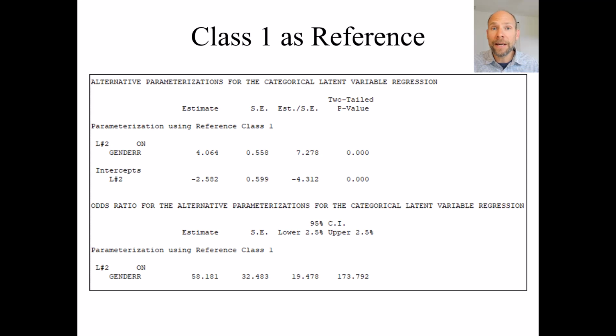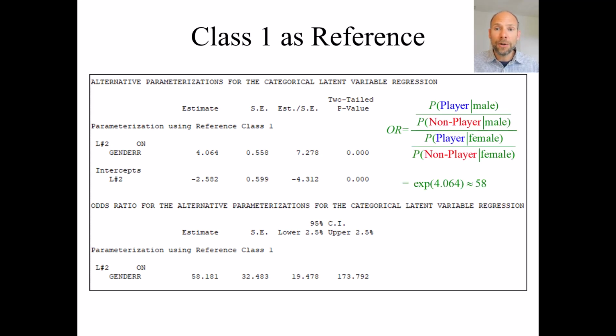However, it does matter for the odds ratio. So now we have the odds ratio relative to non-players here. So the non-player class is now our reference class. And so again, we have the odds for males here in the numerator and the odds for females in the denominator. However, we switch the order of the classes in the fractions above the main fraction here and below.